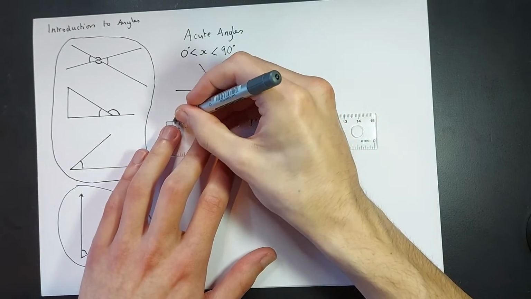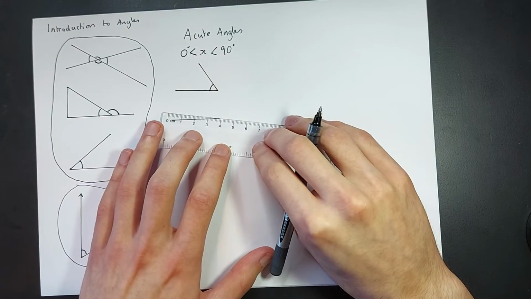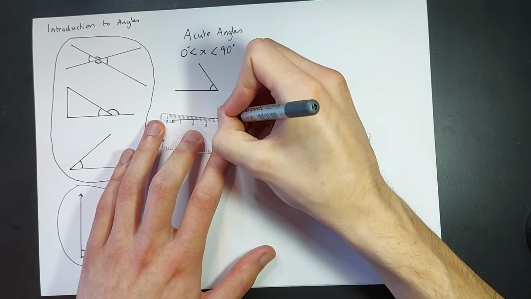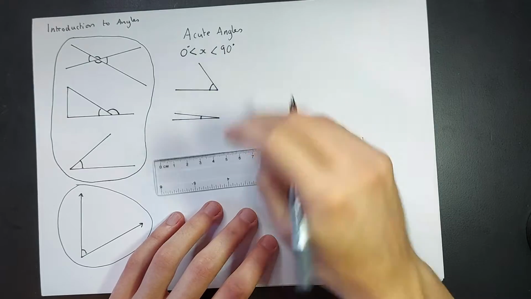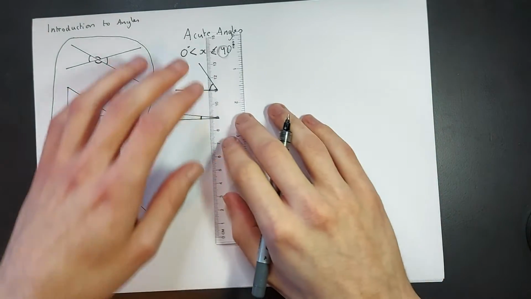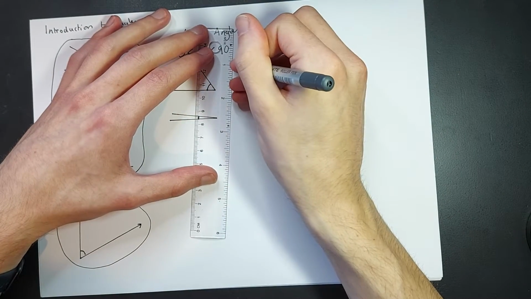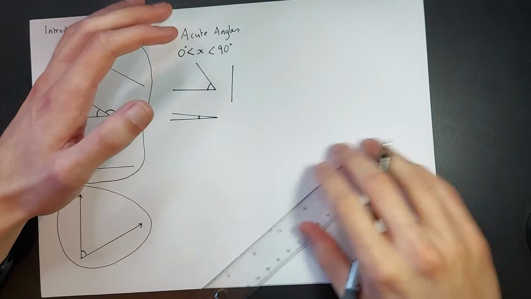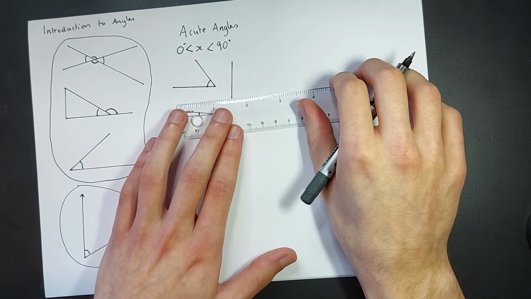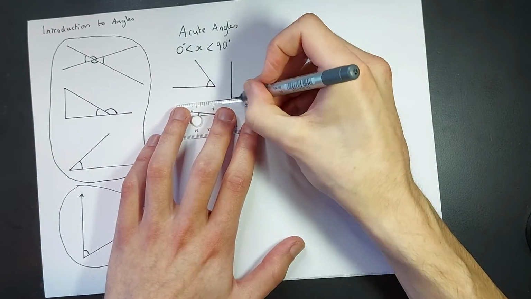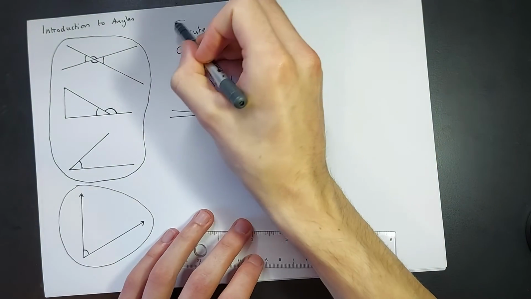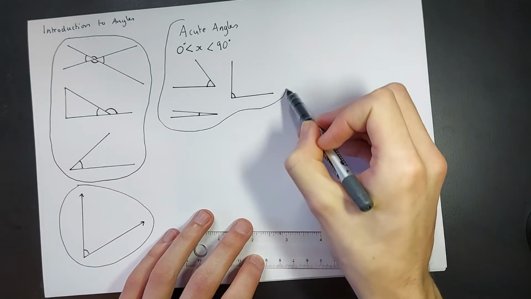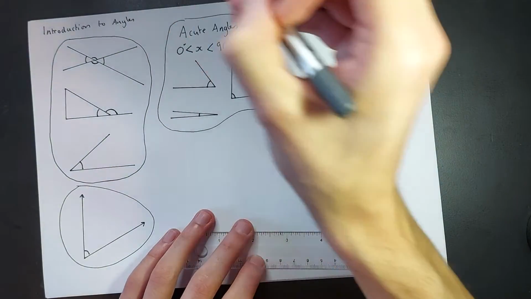I could have done a really skinny one like this. That would be an acute angle. I could have done one that's close to 90 degrees, but just under. So let's do this one here. That would also be acute. So that's your first kind of angle, acute.